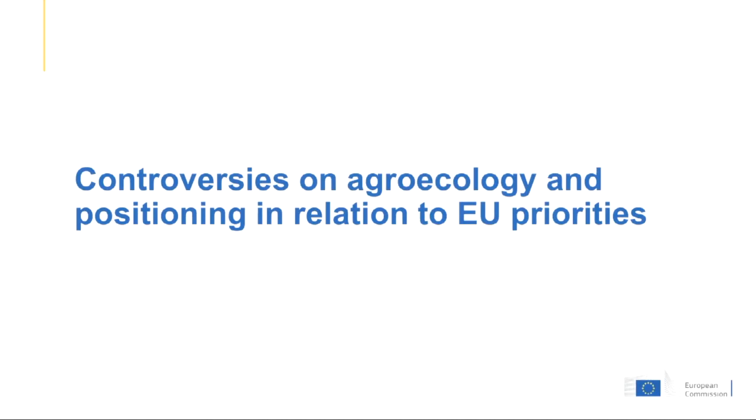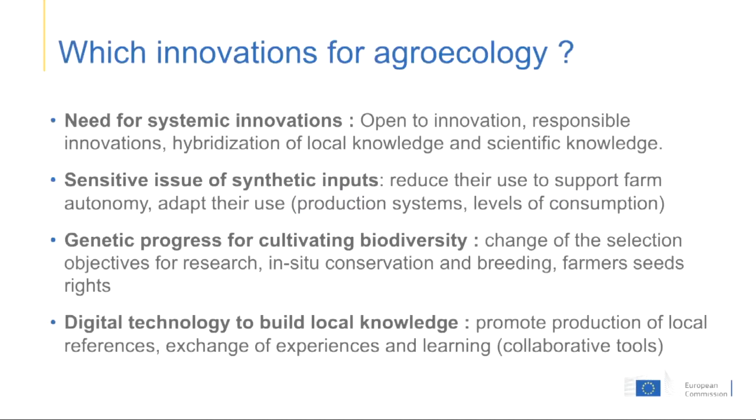Now, some controversies on agroecology and how we position ourselves in relation to EU priorities. These are very important when we're developing discussions with our third parties. Next slide. Right. So what is important is to understand which innovations are important to favor agroecology.